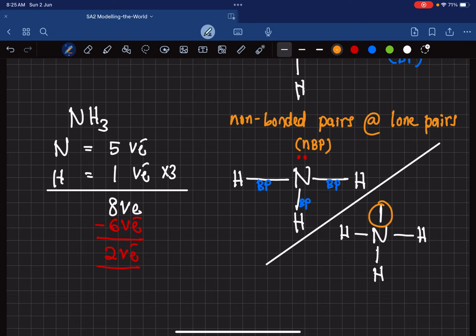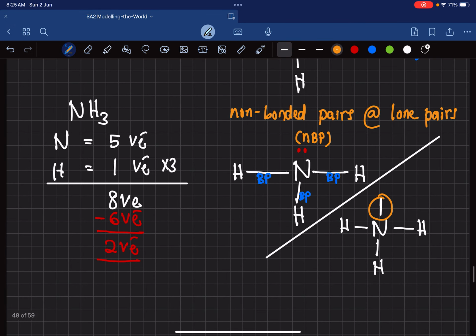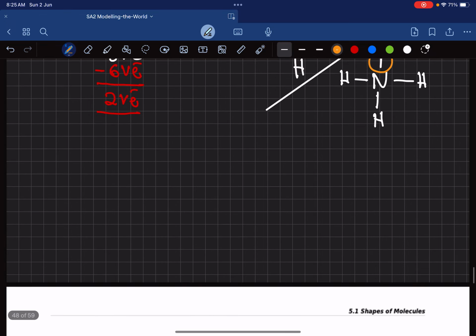If you hear me saying non-bonded pairs or lone pairs, they are the same thing. So in this case, ammonia has one non-bonded pair and three bonded pairs. All right. Then let's do one more example here.